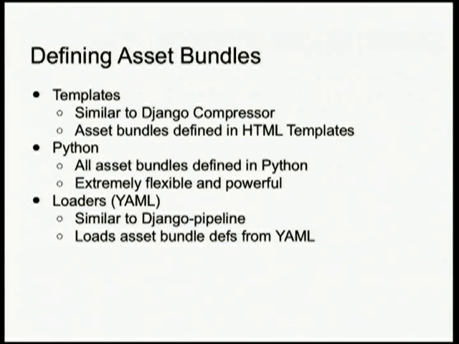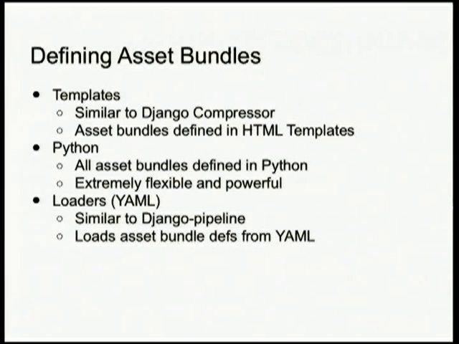All right, so we have 3 ways to configure web assets, or more correctly, to tell web assets what to do with our assets. The first way we can do this is simply in our templates. We can define our asset bundles and the processing pipelines there. This is very similar to how Django compressor works. The second way is we can actually do this purely in Python using bundle objects to define our inputs, our filters, and then our output file.